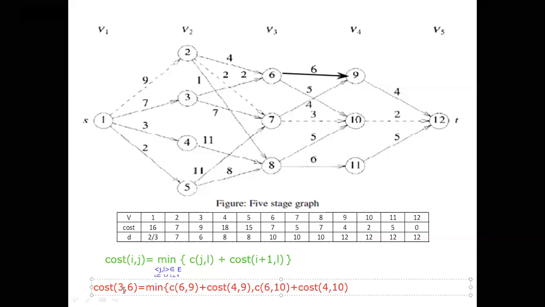What was the stage here? 3. Here i is 3, so i plus 1 is 4. That is why here it is 4. Plus what is the l value here? l is 9. Same l here, it is 9. That is the basic formula.